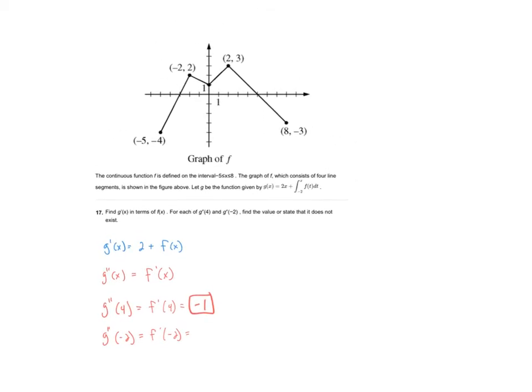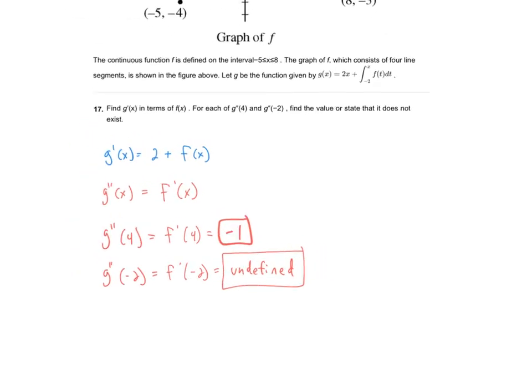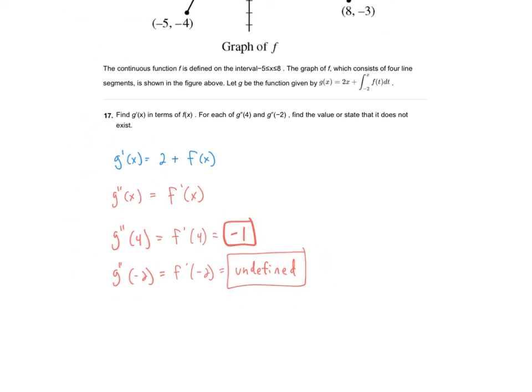You can do 3 minus -3 is 6, 2 minus 8 is -6, and 6 over -6 is -1. Now f at -2: you can see at -2 there's a corner, so the slope of the tangent line is undefined there, or does not exist. They say to state that it does not exist, so here we'll do that.